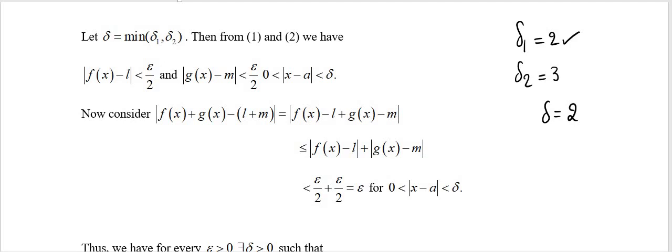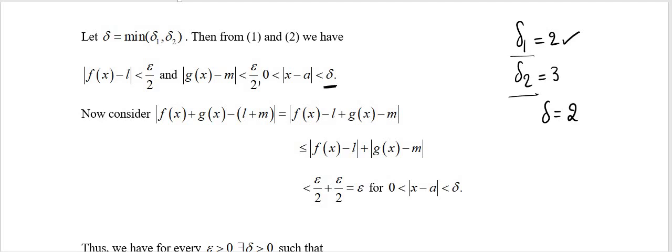Modulus of f(x) minus L is less than epsilon by 2 and modulus of g(x) minus M is less than epsilon by 2, for 0 less than modulus of x minus a less than delta. Here you can observe in equation 1 we have delta 1, in equation 2 we have delta 2.